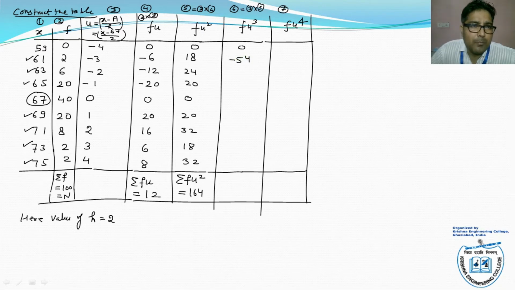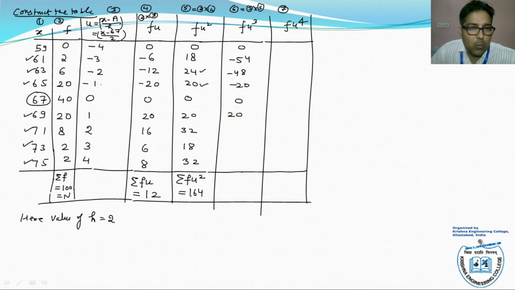Product of minus 2 into 24 becomes minus 48. The product of minus 1 into 20 becomes minus 20. Product of 0 into 0, 0. The product of 1 into 20, 20.